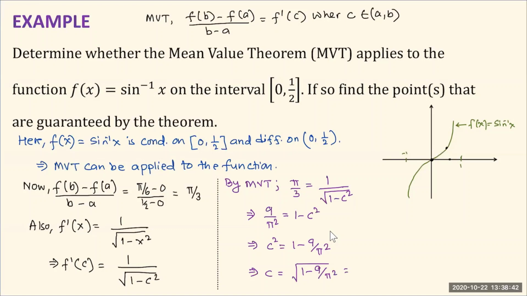If you find this square root using the calculator, the value must be approximately 0.3. And you know that this 0.3 is between 0 and half. Half is 0.5. So this is in the interval from 0 up to half. So c equal to 0.3 is the point guaranteed by the theorem.